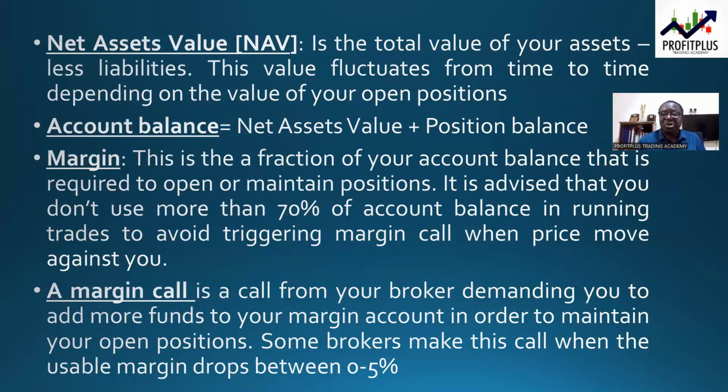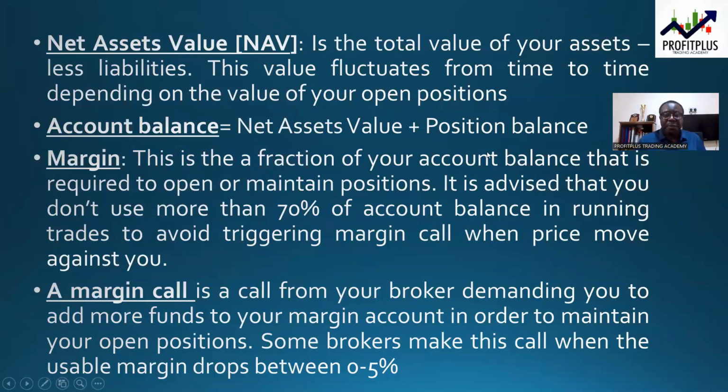The position balance drops negative, depending on the lot size you are trading, and this fluctuates from time to time. So the net value is the total value of your assets, the $5,000, less the liabilities, which would be maybe the account that is in negative. That's your net asset value.